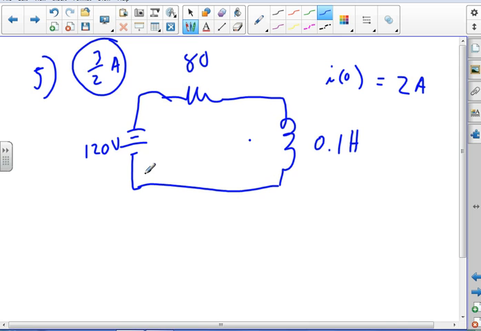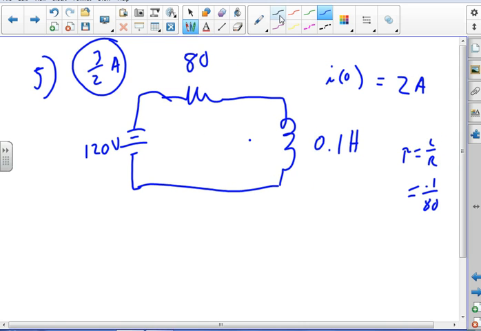In a DC circuit the inductor is going to be a short after 5 time constants. Is the time constant R over L? No, it's L over R. That'd be 0.1 divided by 80, but that's not relevant to our analysis of the situation.